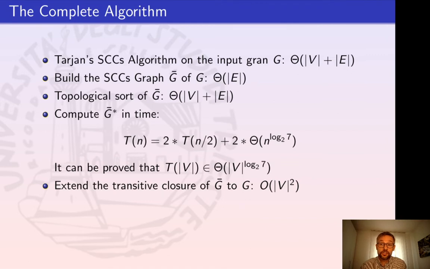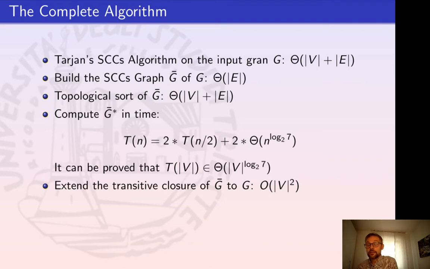Okay, so once we have computed the infinite product of G bar, we can extend the transitive closure of that matrix to G, and this can be easily done simply by going back from the nodes in the strongly connected component collapsed graph to the original strongly connected component.